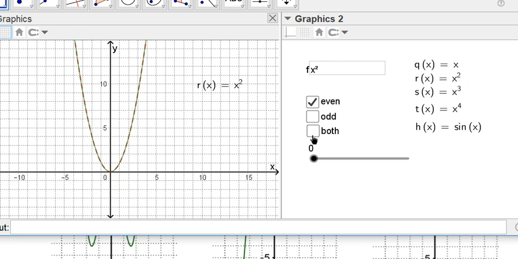It's a parabola, okay? And I'm going to check and see if it's even. When I reflect it around the y-axis, it maps back onto itself. Like we talk about the axis of symmetry with a quadratic. But really what you're doing when you're talking about even and odd symmetry is you're rotating it around the y-axis.